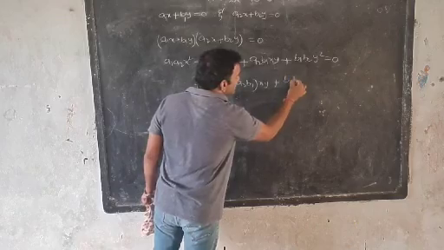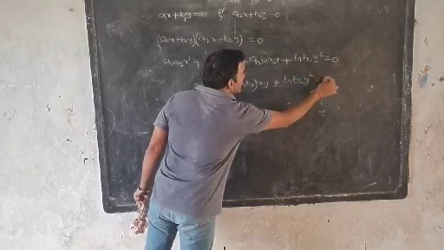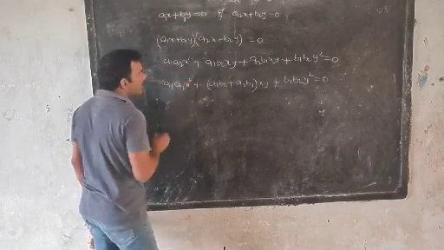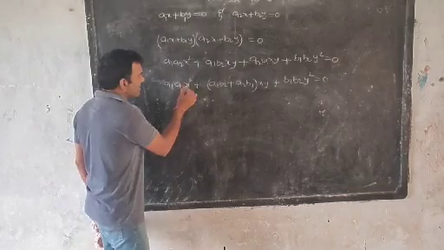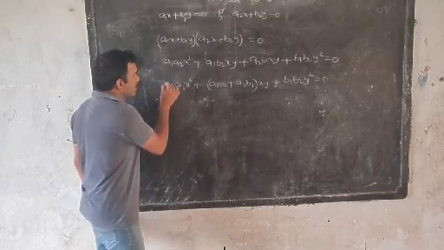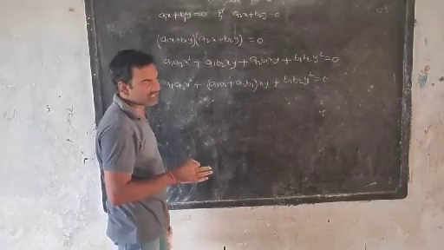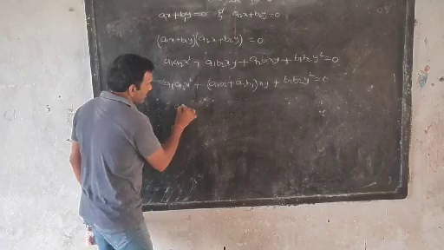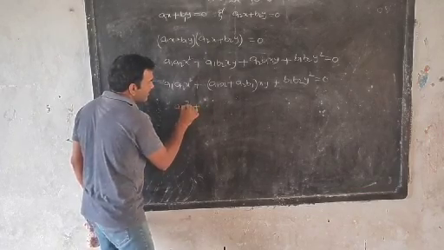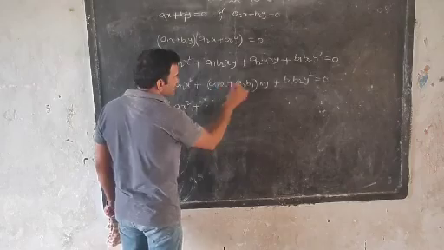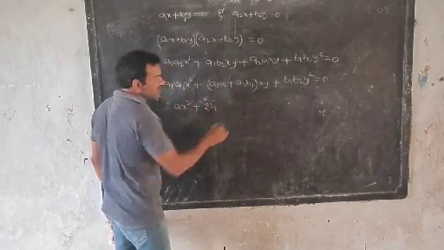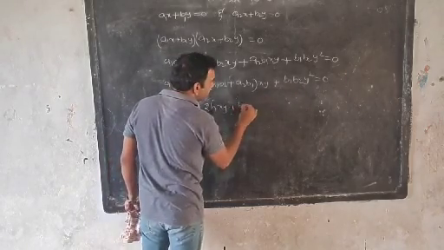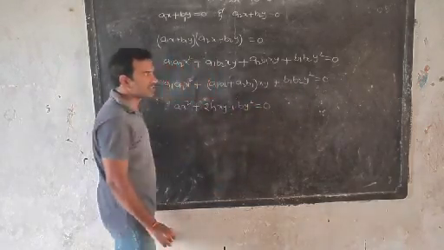Remaining terms have no changes. Now you observe here x square coefficient is a1 a2. Suppose a1 a2 are both constants, so I am considering the product a1 a2 as a, so ax square. These two terms I am considering as 2hxy, plus b1 b2, suppose I consider it as b, by square equal to 0.